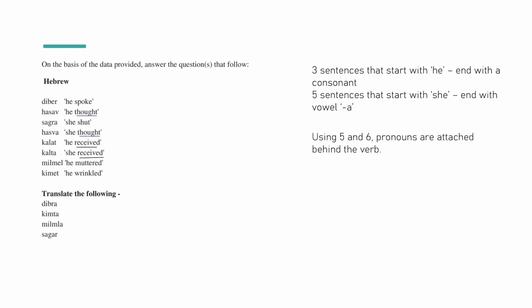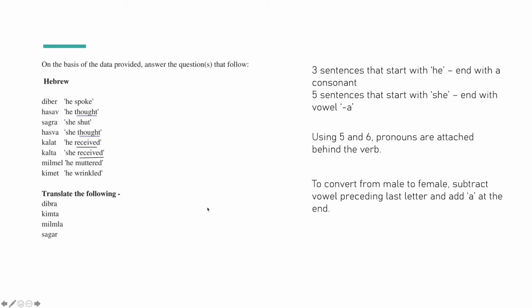You have to subtract the vowel preceding the last letter, move the last letter such that it slots to the left, and the last letter should be A for a female, whereas for a male you keep it as a consonant. Kind of gave away the answer for the first one, but can you guys figure out the answers for the rest?